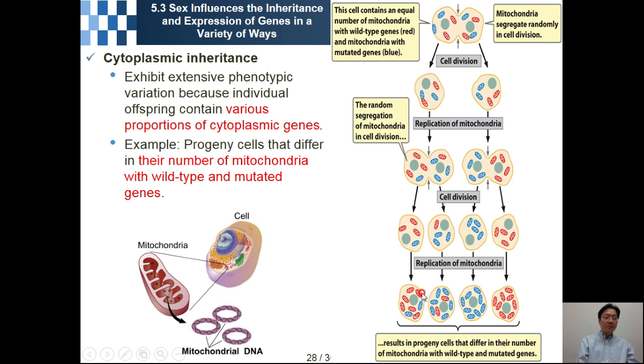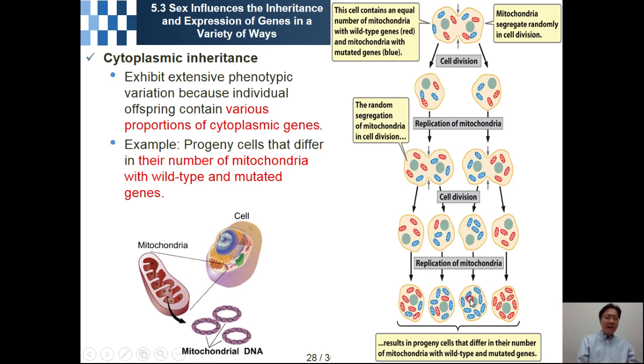So finally, this cell has 6 red mitochondria and 2 blue mitochondria. This cell has 2 red mitochondria and 6 blue mitochondria.